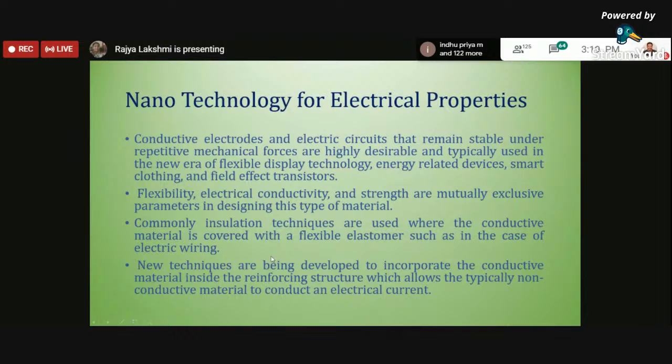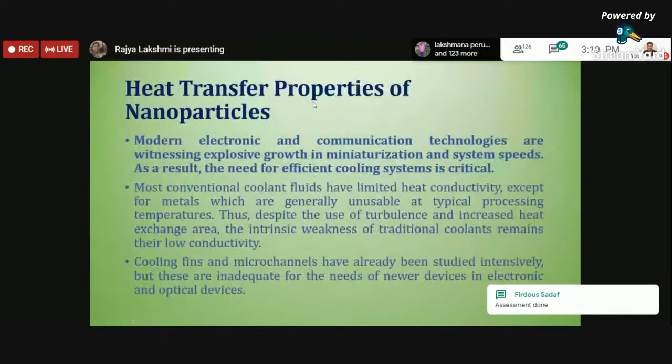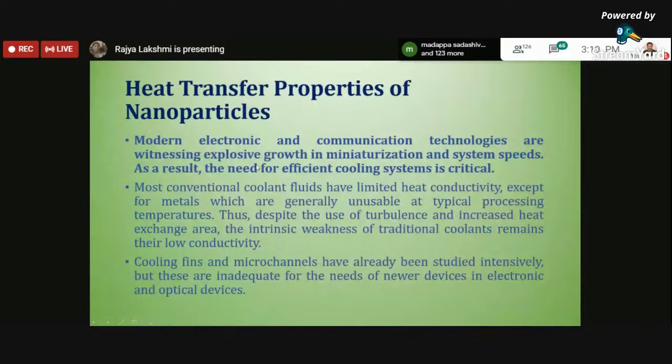So now people are trying to make wiring or cables from nanomaterials, which will reduce the power loss during transmission. And with respect to heat transfer properties of nanomaterials, nowadays almost all electronic and communication technologies are witnessing growth in the features of the products, especially based on nanotechnology.